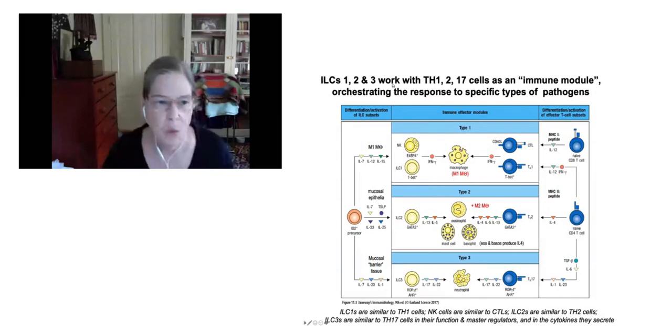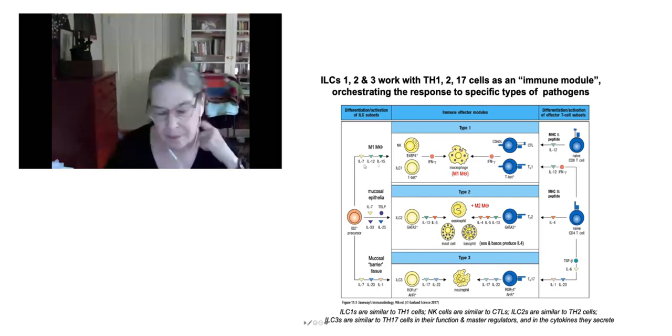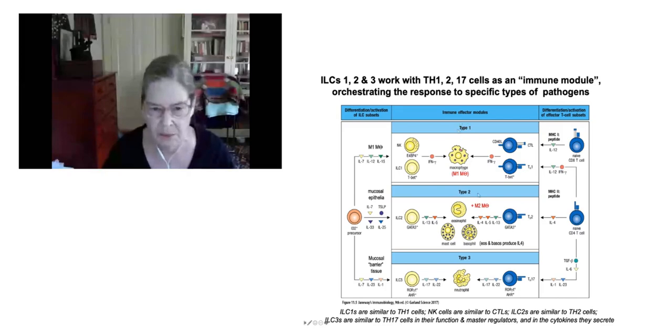Now, the thing I want to point out is that not only are dendritic cells helping along with this, but you also have what are called innate lymphoid cells that are similar to the T cell subsets in terms of the cytokines that they secrete that are going to force those T cells and also call out the same kind of cell for a type 1 immune response versus type 2 versus type 3.